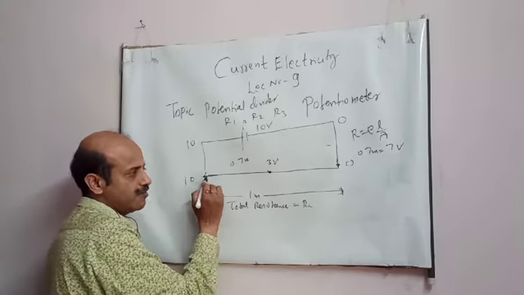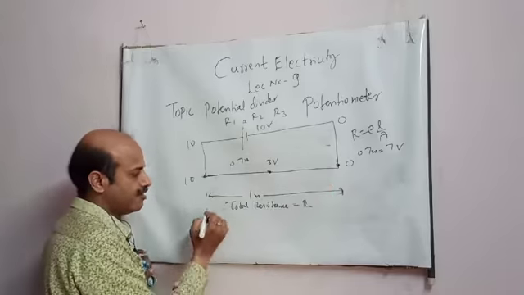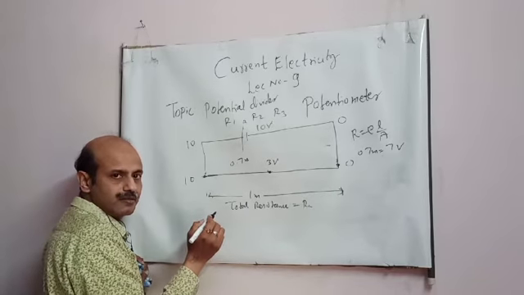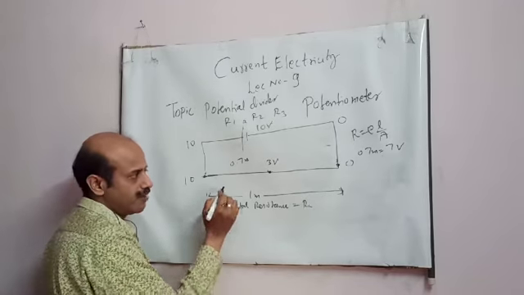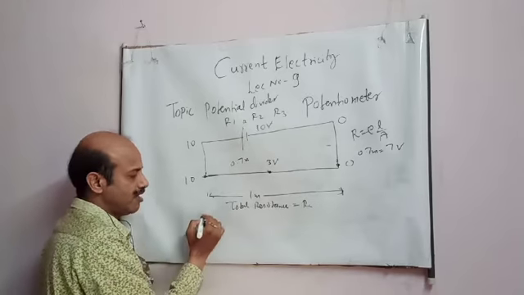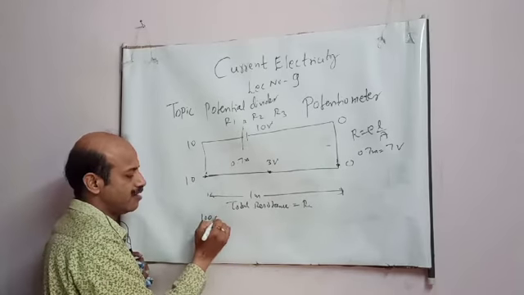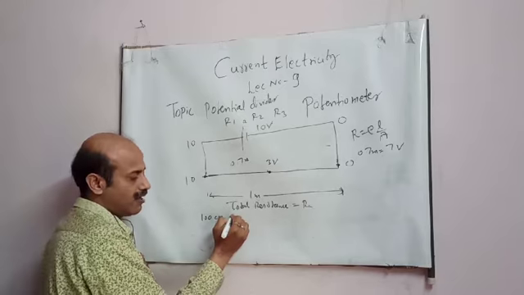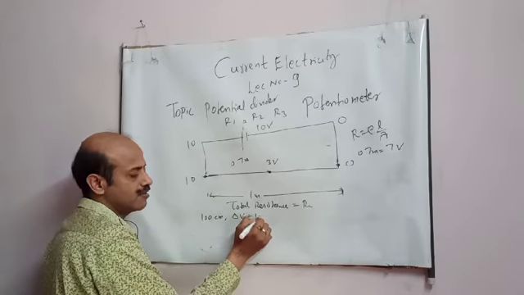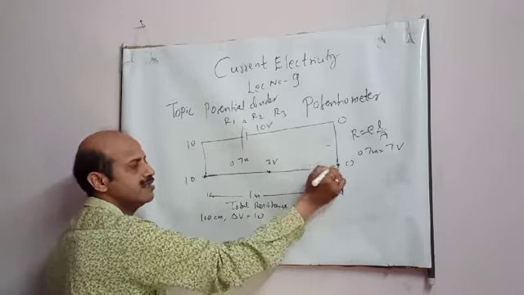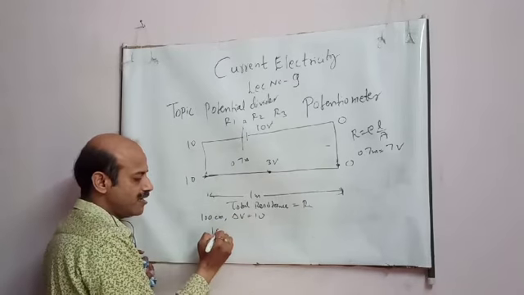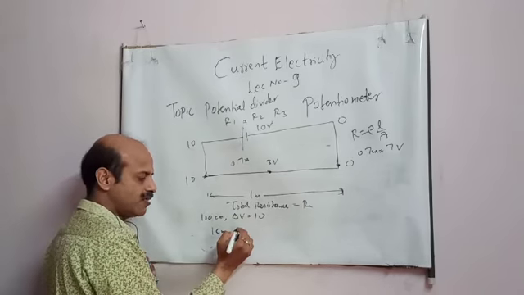Now if you see this wire, it is of length 1 meter, which means 100 centimeter. The voltage drop is 10. From here 10, it is 0. So for 1 centimeter, how much is the voltage drop?